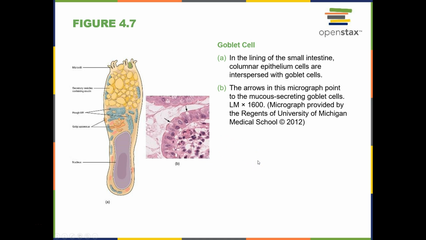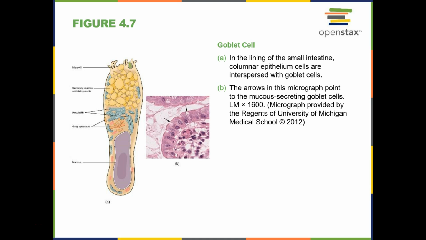In our columnar epithelium, very often we have specialized cells called goblet cells. Goblet cells kind of look like little goblets, and that's where they got their names. They look like wine goblets. They produce a chemical called mucin, which when it comes in contact with water, produces mucus.